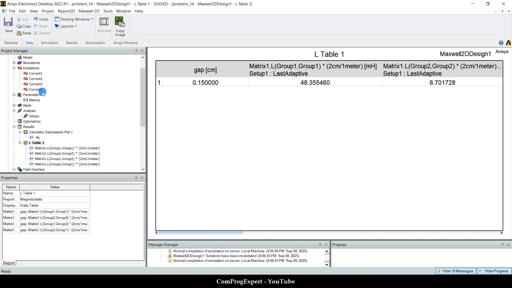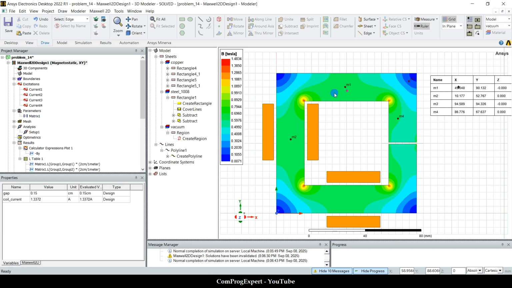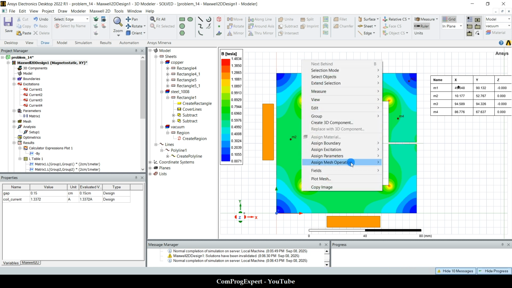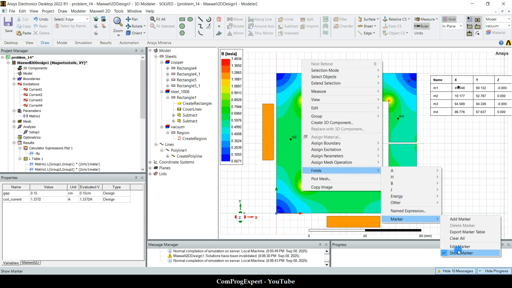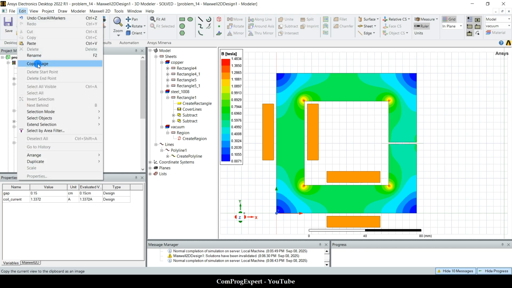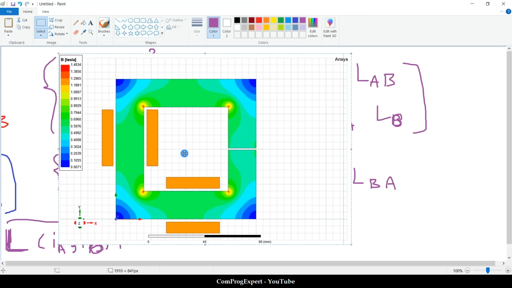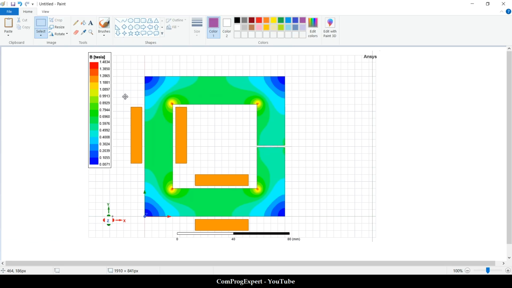How we can be more precise? You know, if we consider this case. So let's clear all these markers, copy image, and paste this here.